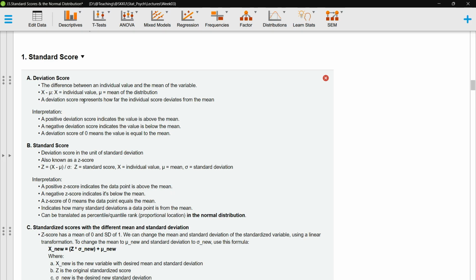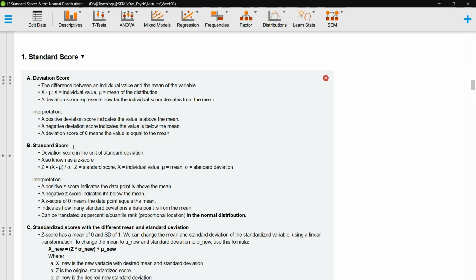This deviation score represents how far the individual score deviates from the mean. A positive deviation score indicates the value is above the mean, because x is greater than the mean. A negative deviation score indicates the value is below the mean, because a smaller x than mu gives us a negative value, right? If we have a deviation score of 0, that means the value x is equal to the mean.